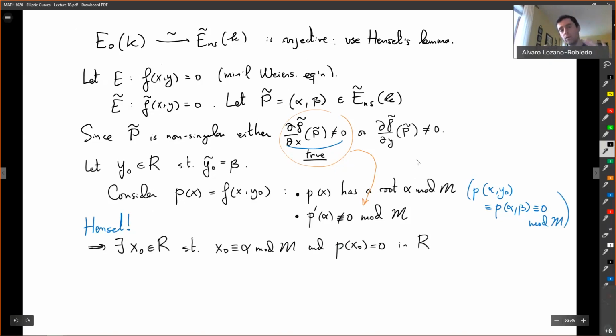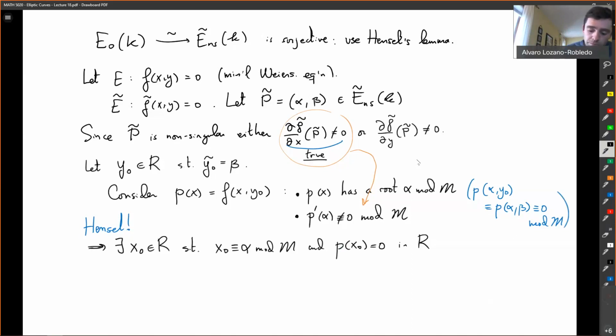And remember that we stated Hensel's lemma a while ago when we started with some local fields work. Hensel's lemma tells you exactly how to construct x naught in a recursive way using what's basically Newton's method to find solutions of algebraic equations.